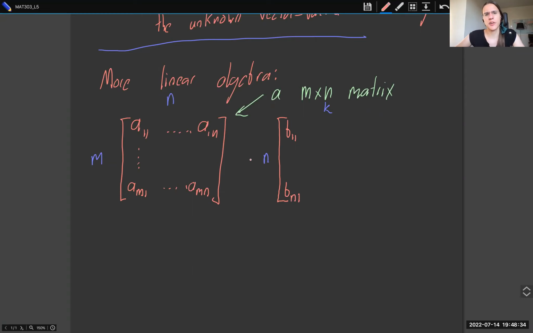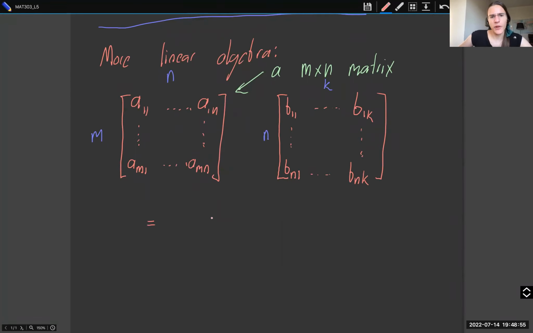So this has to agree with that. And then we have B1K, and then BNK. Then the result is that when we multiply these, we're going to get another matrix, and that matrix is going to be an M by K matrix.